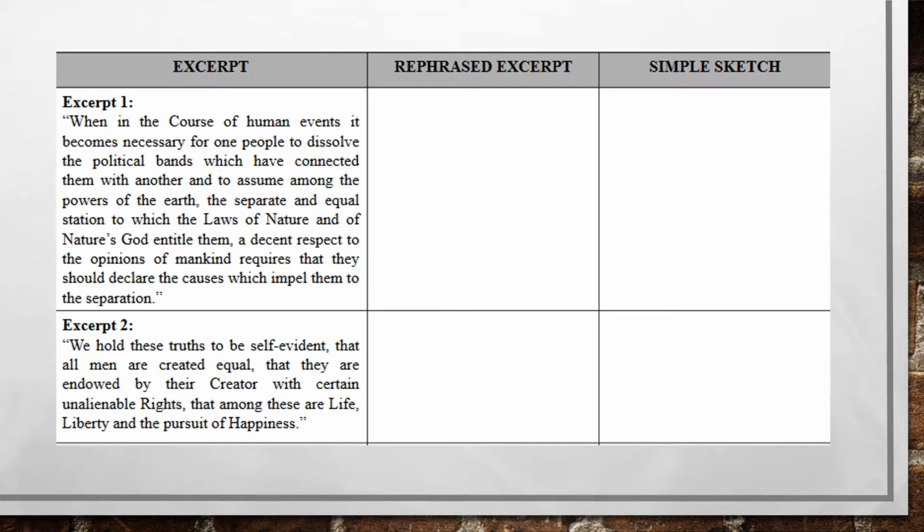So when we're looking at this, when in the course of human events it becomes necessary for one people to dissolve the political bands which have connected them from another, so that would be talking about the Europeans that have come over to colonize North America, and what they're talking about is ending their relationship from Great Britain. So let's go ahead and write that in here.